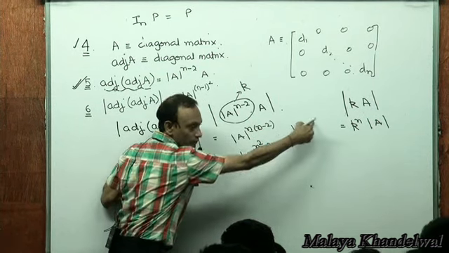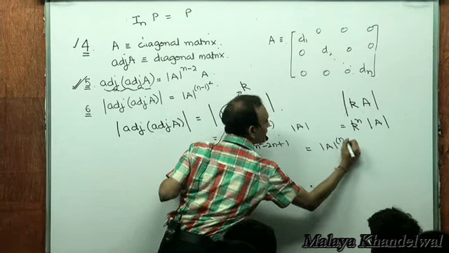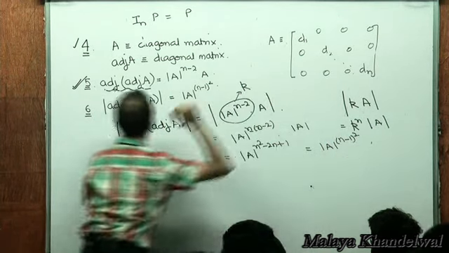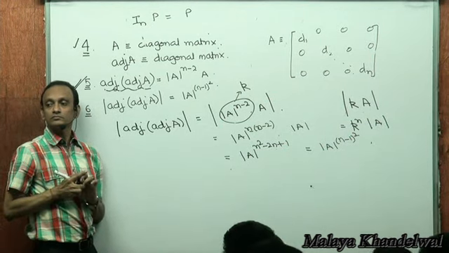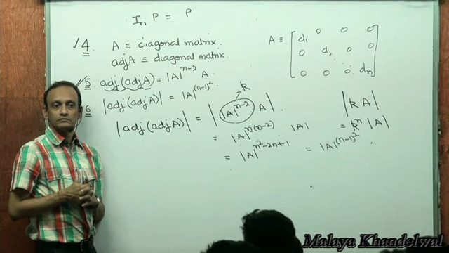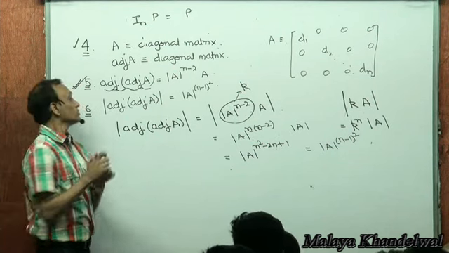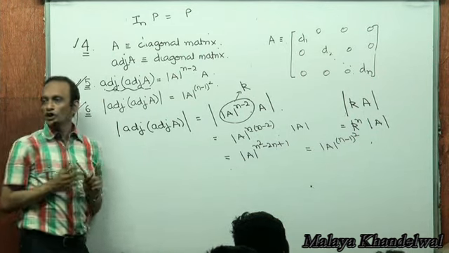Yes or no? So this is like determinant A to the power n minus 1 whole squared, which is what we said. How about it? So this is this result. No confusion, right?